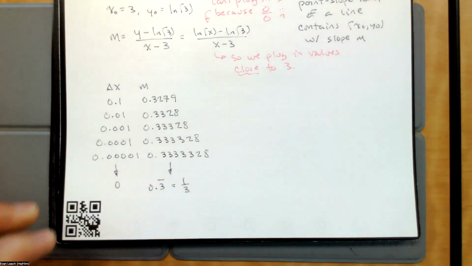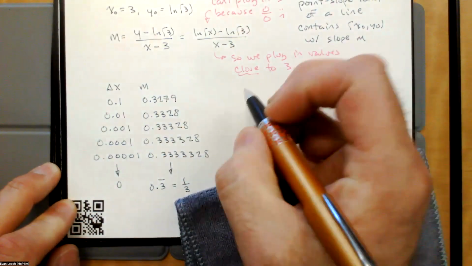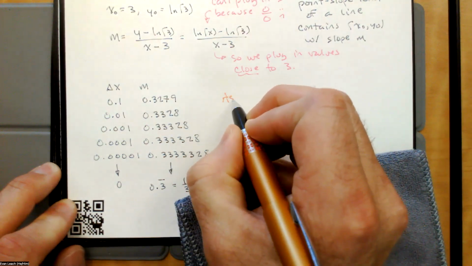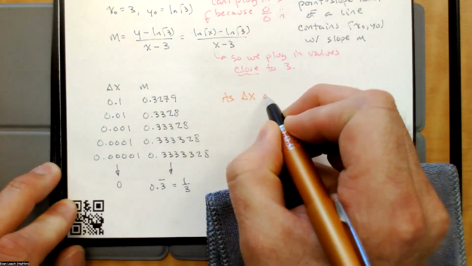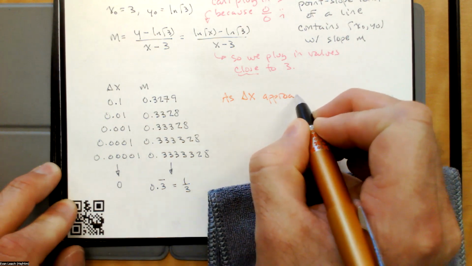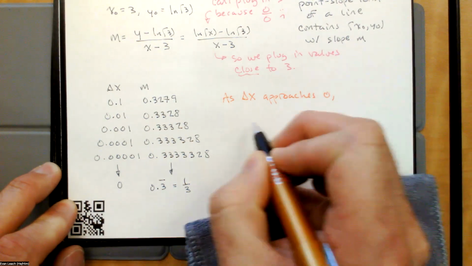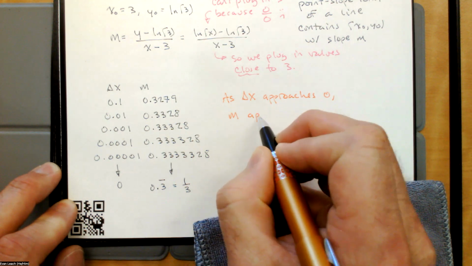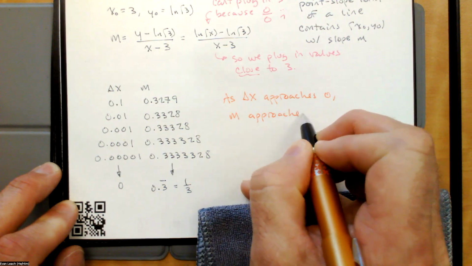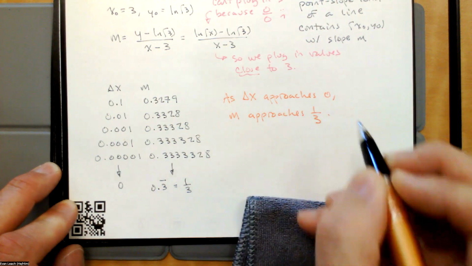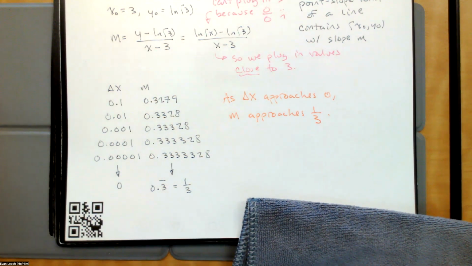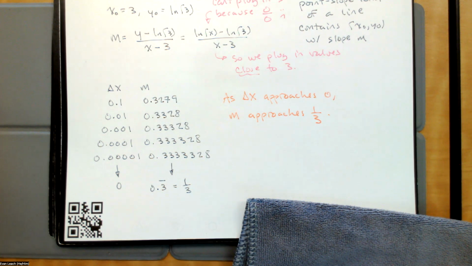As the delta x gets close to 0, as the delta x approaches 0, our slope is approaching 1/3. Now, we've just looked at this from a little bit above. We might also want to look at this from a little bit below.